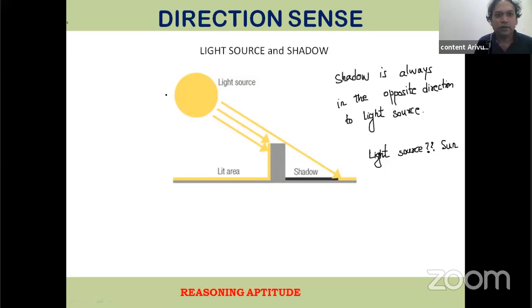This is sun. Correct? So let's see here. Light source and shadow. Morning, make a table here. Morning and evening.